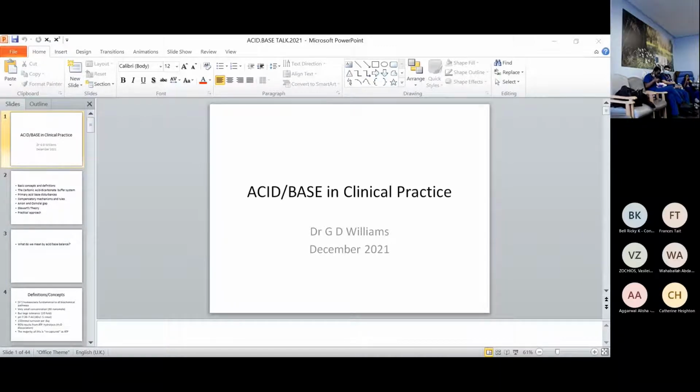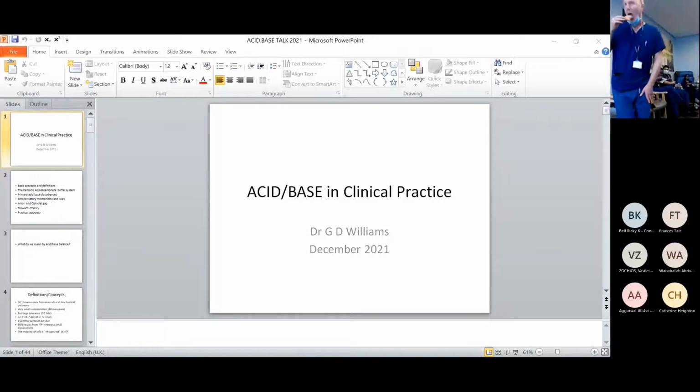But within the physiological range, so pH between 7.36 and 7.44, there's minute, fine control over the concentration. There's quite a high turnover, but in reality, we don't lose or gain much in the way of hydrogen ions. Most of it runs through aerobic metabolism, and as a result of ATP hydrolysis.